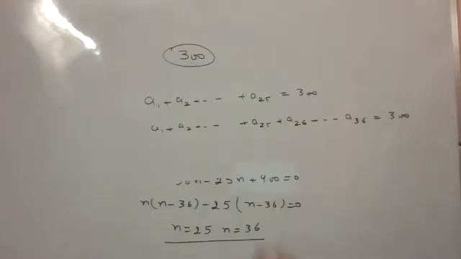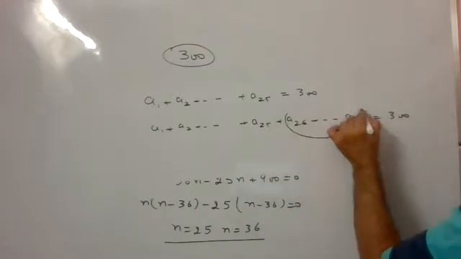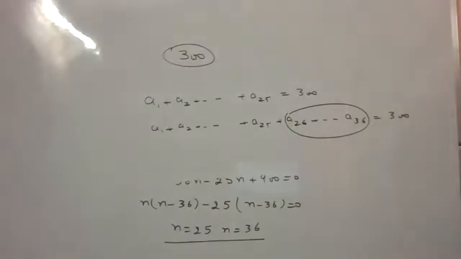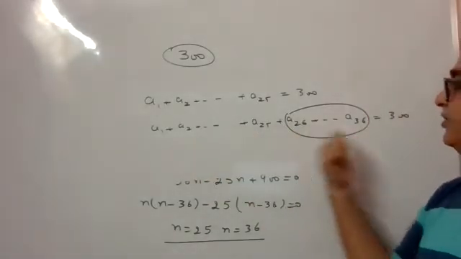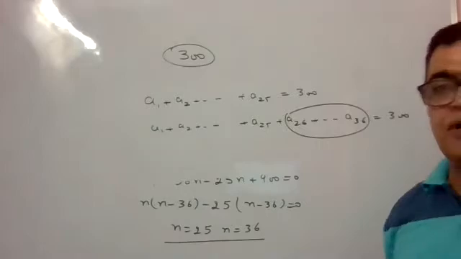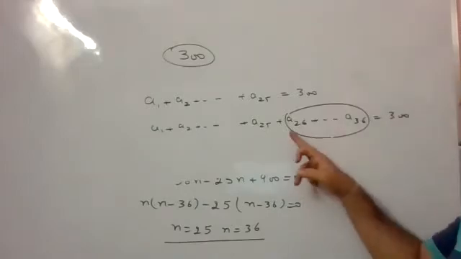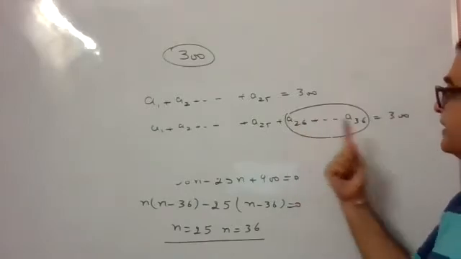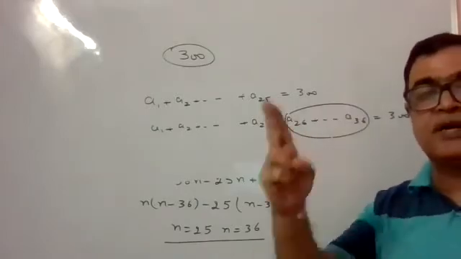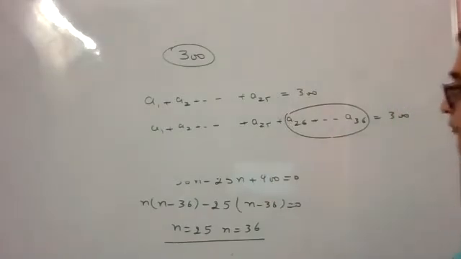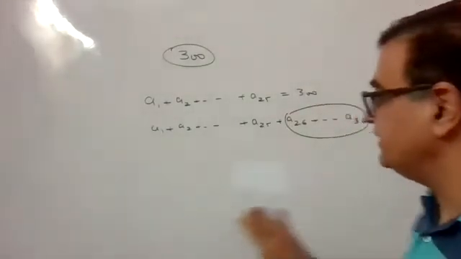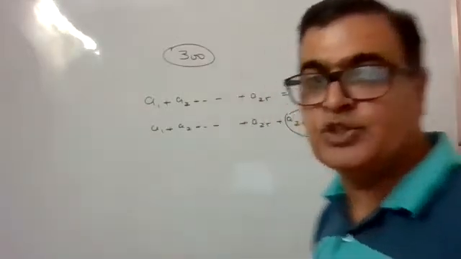That means one thing is clear, that this result is actually 0. If it is 0, then you can say that this sum and this sum both come out to be 300. So only the thing we have to prove is why this is there, because for 26 to 36 terms, the sum comes out to be 0. So if it is coming 0, then we will say yes, it is valid, otherwise no.